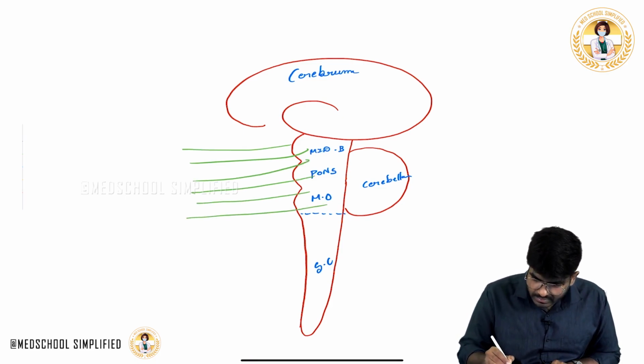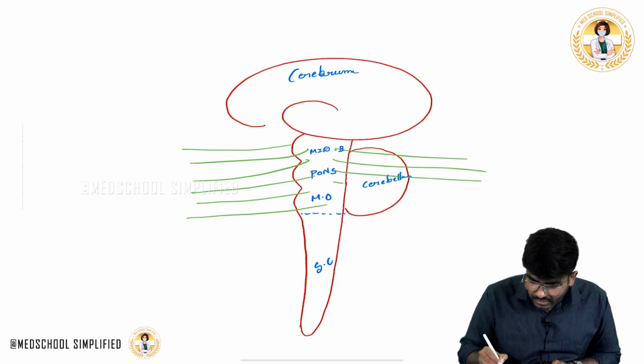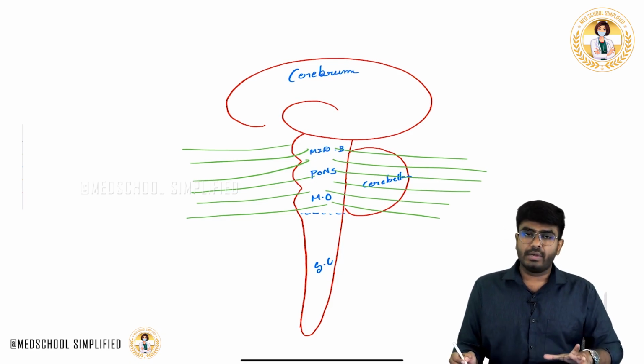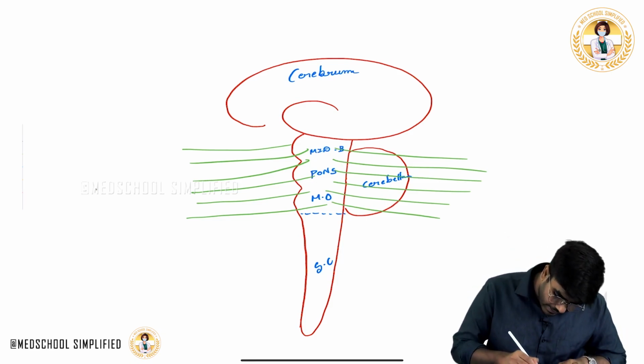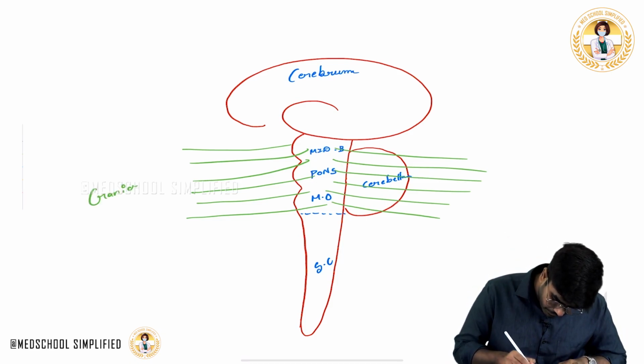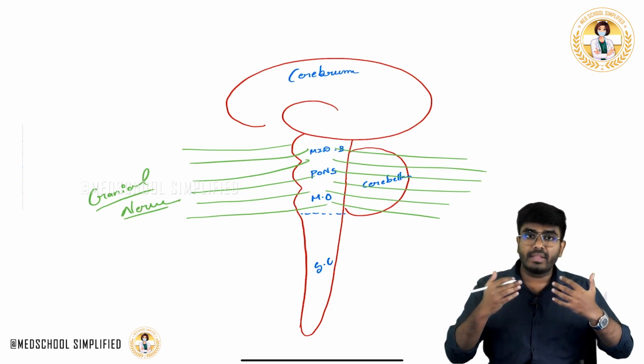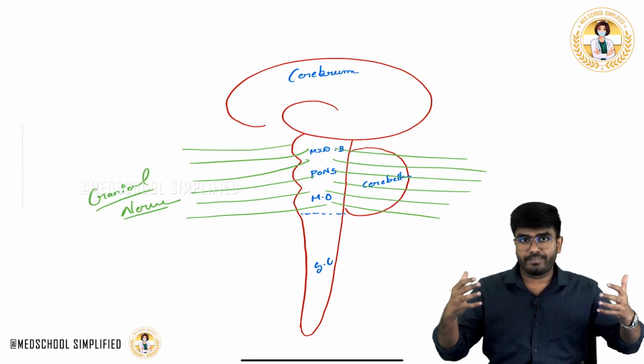Almost 12 pairs of nerves are coming out. Now, what are these nerves called as? As they are coming from the brainstem, they are called as cranial nerves, which are present in the cranium. They are coming out of the brainstem.